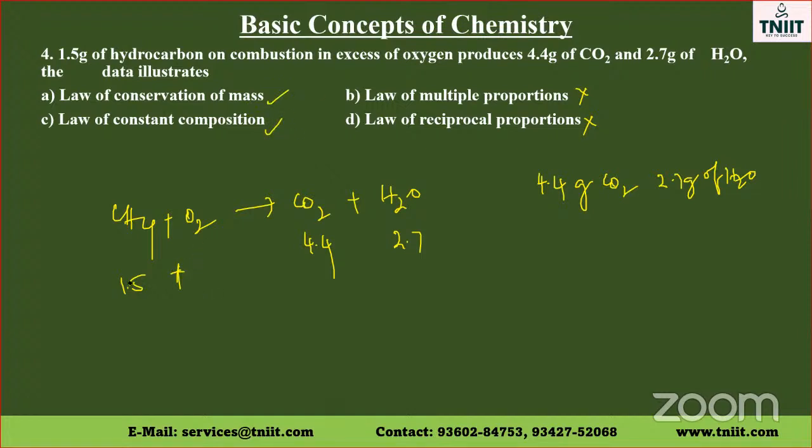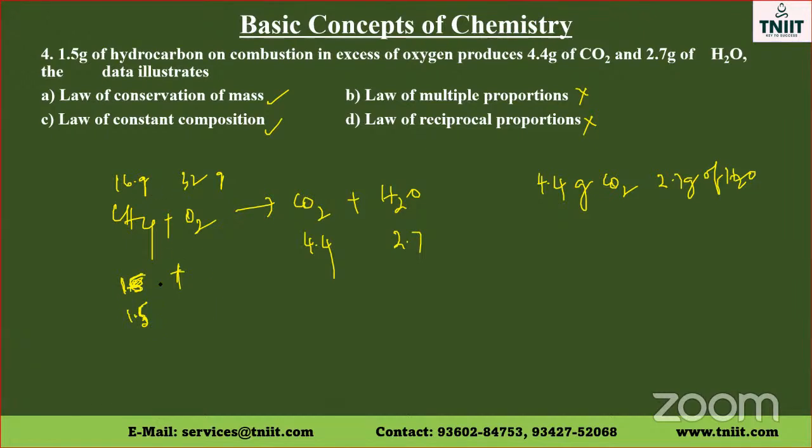So the ratio here also, if it has 1.5 grams, maybe 16 grams of methane reacts with 32 grams. This is the molecular mass of methane and molecular mass of oxygen. So that means 1.5 grams of methane means what is the mass of oxygen?